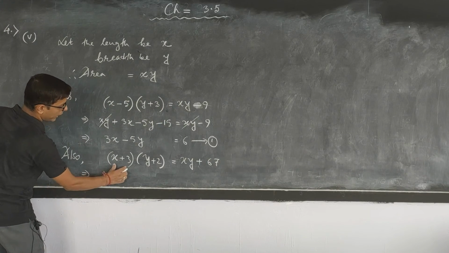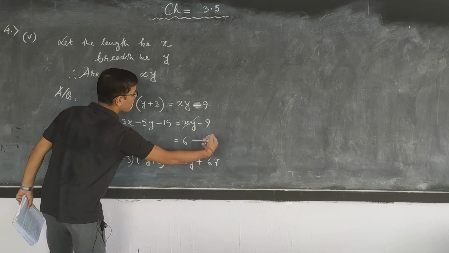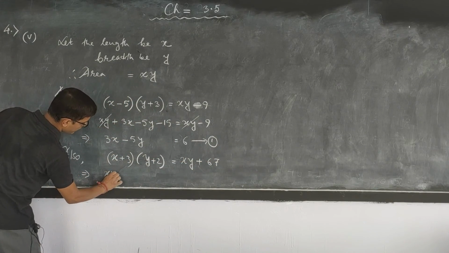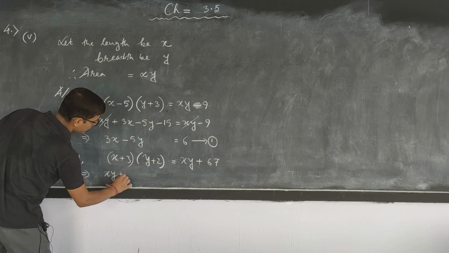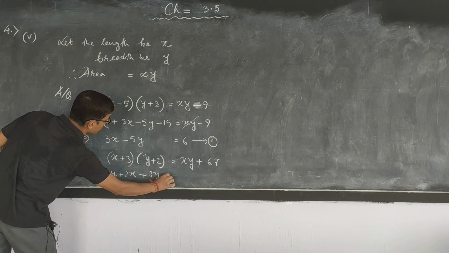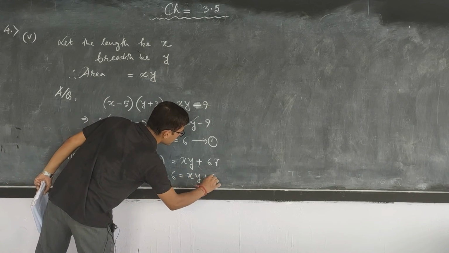This is the new length, this is the new breadth, new length into new breadth, area plus 67, area is increased. So x into y is xy, let us multiply once again, x into 2 is twice x, 3 into y is thrice y, plus 3 into 2 is 6, is equal to xy plus 67.